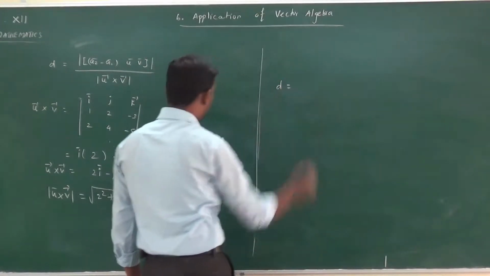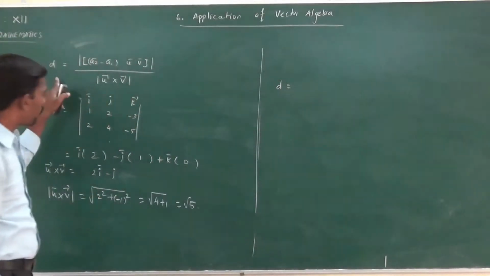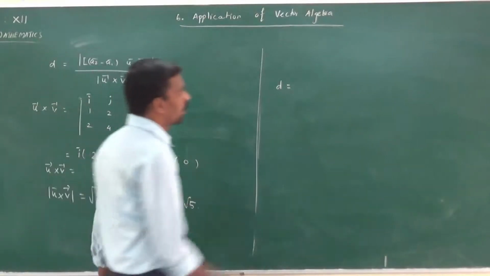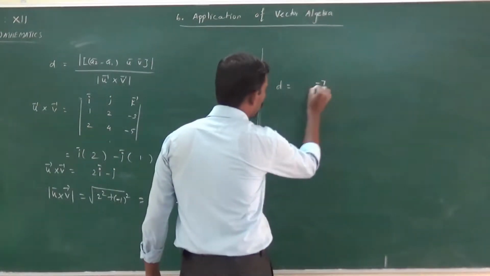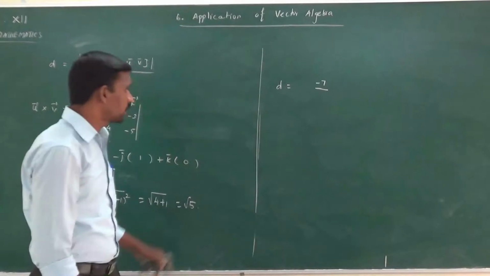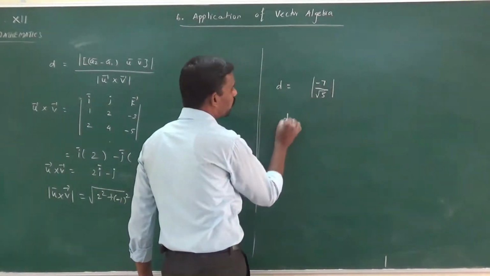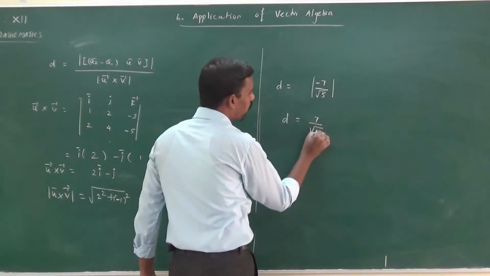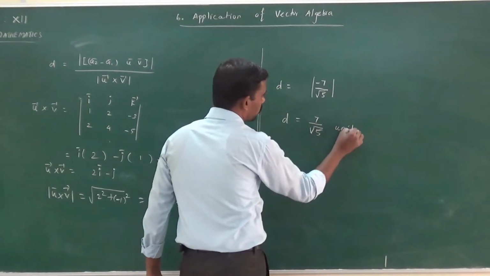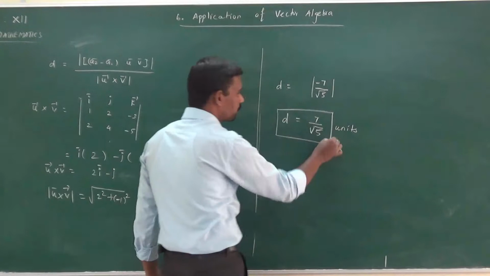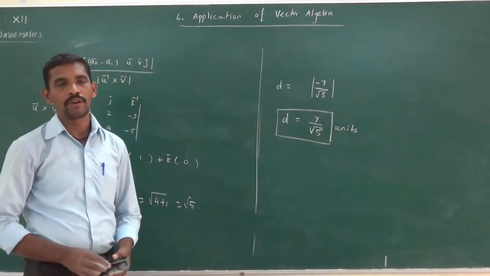Therefore, the distance is minus 7 divided by root 5. We have taken the modulus, so d is equal to 7 divided by root 5 units. The distance should not come negative. Okay, thank you.